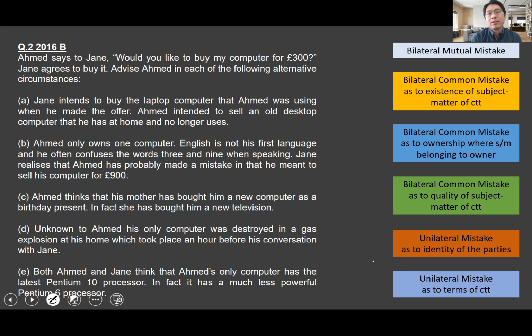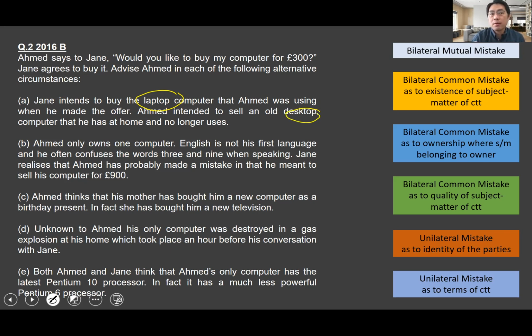So here Jane intends to buy a laptop computer that Ahmad was using when he made the offer. And so Ahmad was saying to Jane in your first paragraph, would you like to buy my computer for 300? However, we now see in part A that there is this mistake made, that Jane intends to buy the laptop computer, but Ahmad is intending to sell instead the old desktop computer.